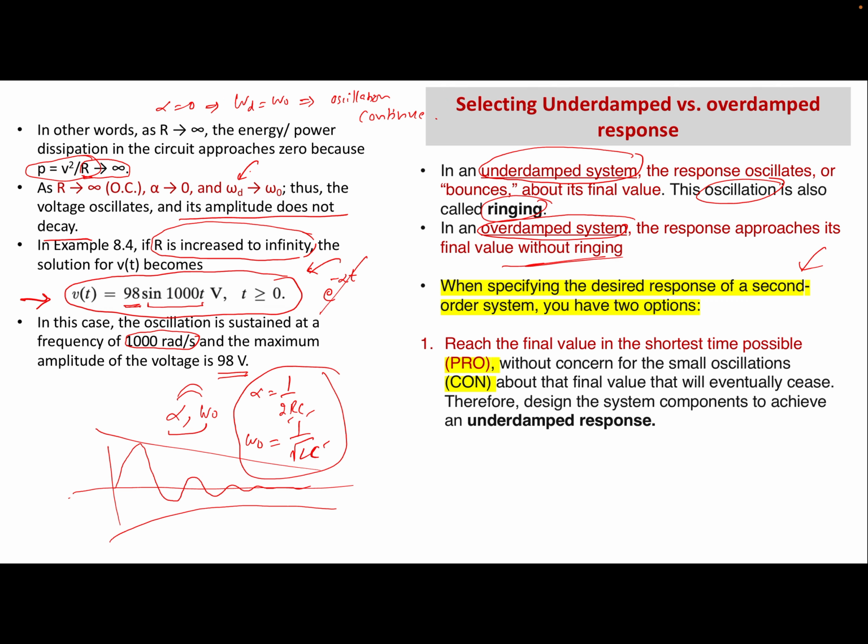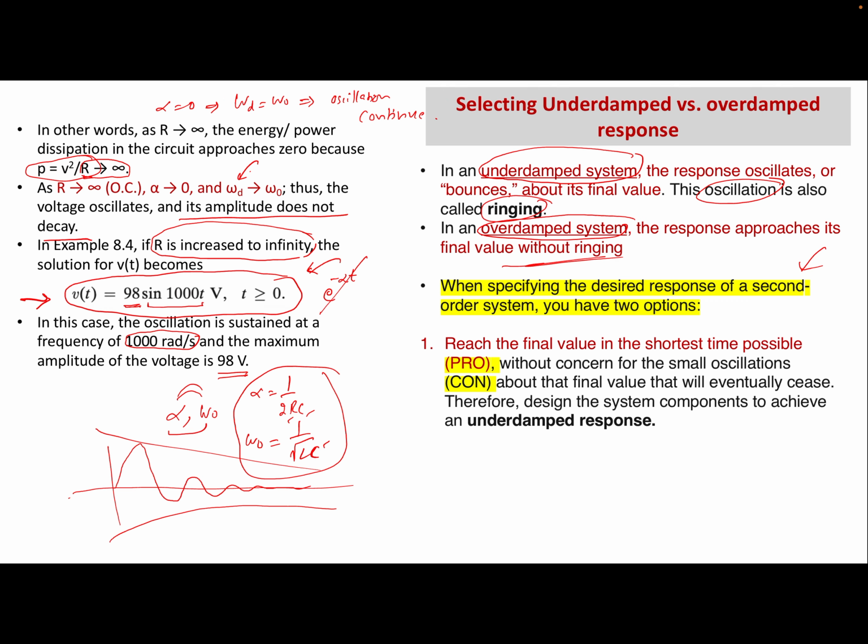However, if there is some sort of requirement in a circuit that prohibits a voltage value from exceeding a certain value, for example, the voltage should not exceed a certain final value, then you don't want this oscillation behavior to occur. In the oscillatory behavior, you may have an oscillation at the starting end of it where it can be greater than the final value, or some other particular voltage value. In the case of an overdamped response, the good thing is that it is not going to go up and down around the final value.